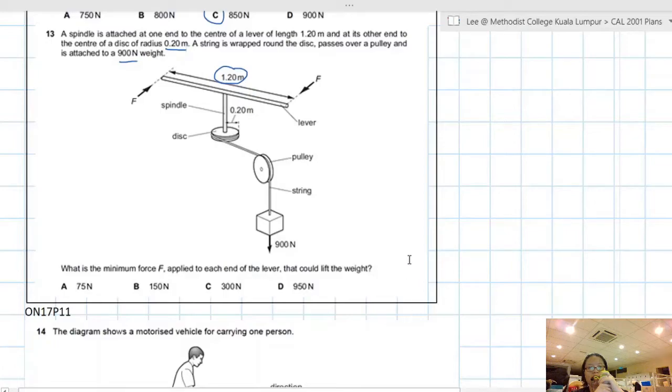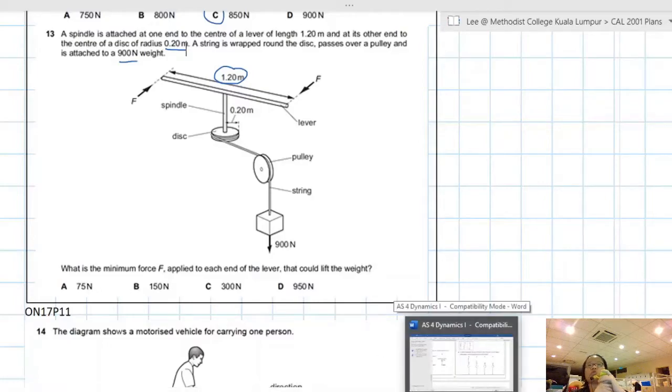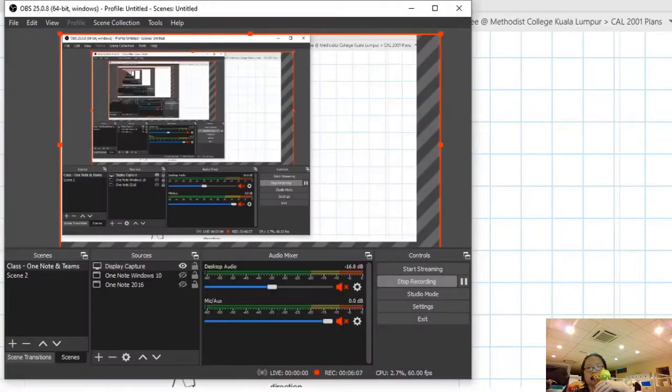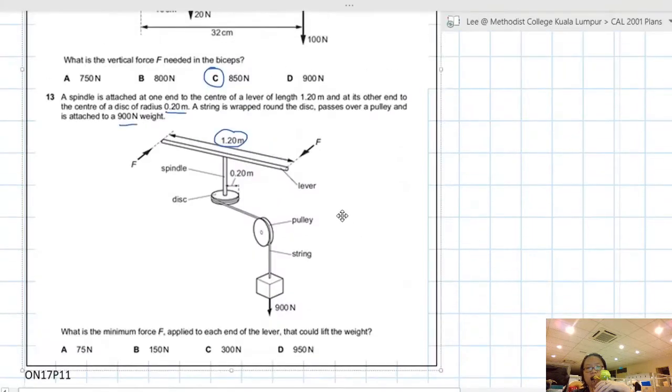You are asked to find the minimum force at the end of the lever that can lift the weight. So you need to counterbalance the torque generated by the 900 Newton. Either you can visualize it, or if not, you would have to draw the forces a bit lower.